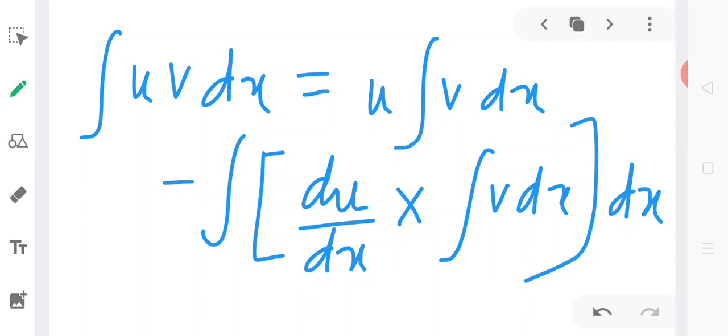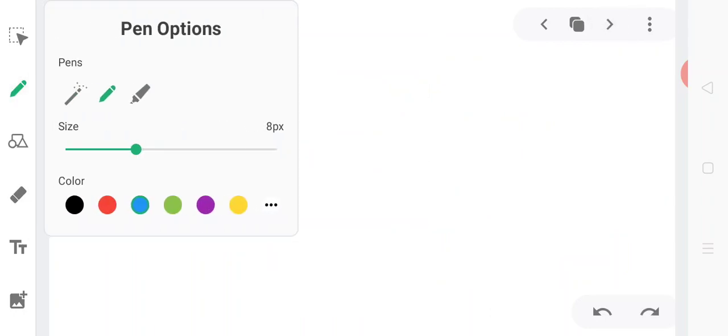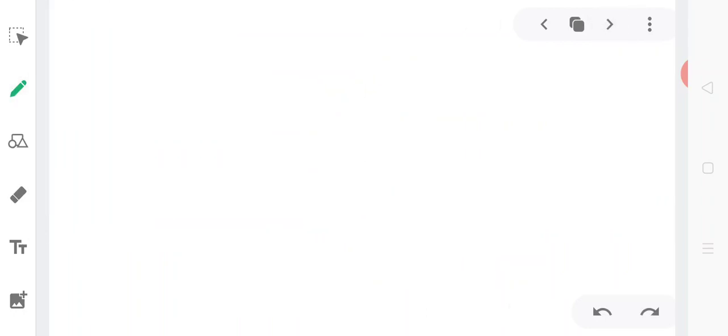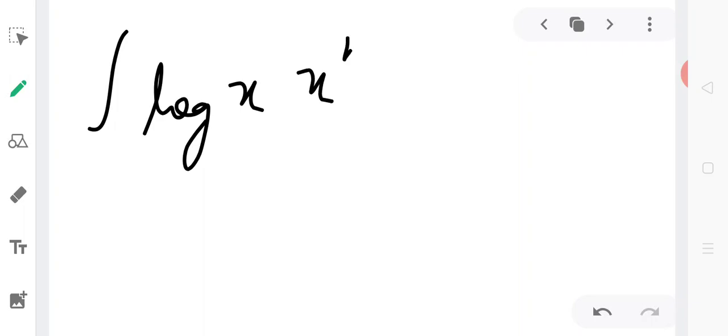This is called integration by parts. Now let us apply this result in solving the question. So going back to the question, it was integral log of x to the power n dx.